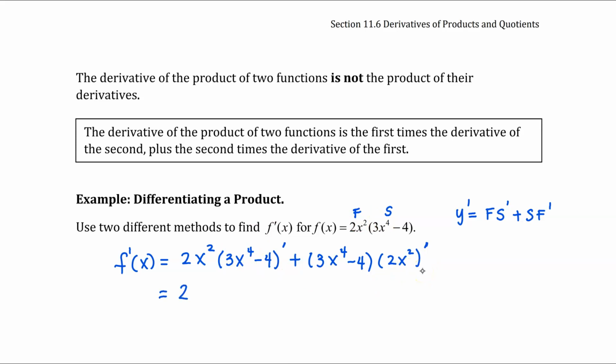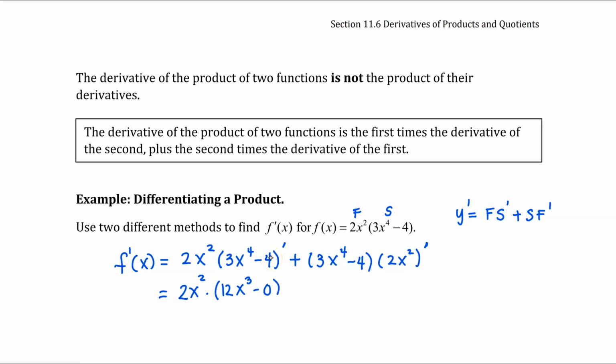Now let's go ahead and perform the derivatives. We have 2x squared times the derivative of this expression, which is the derivative of each term. The derivative of 3x to the fourth: you multiply 4 and 3, 12. So that's 12x, and then subtract 1 from the exponent, x to the third power, minus the derivative of 4, which is 0.